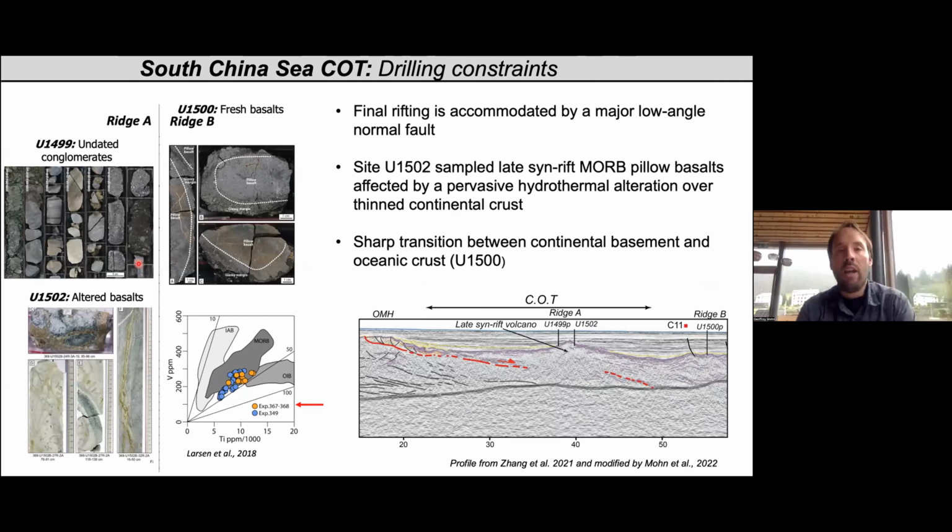Yeah, good question. So in the South China Sea, I would say it's very well constrained because we have drilling constraint. In well 1502, we drilled pillow basalts, the ones that are highly weathered. And directly on top, we have sediment where we found benthic fauna that are latest Eocene. And the breakup, because we have magnetic anomaly, is around 31 to 30.